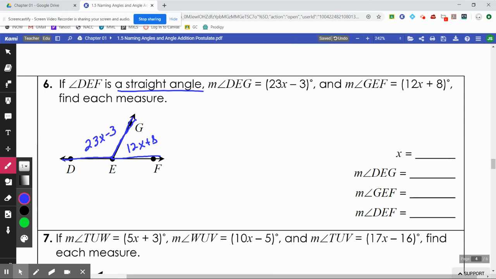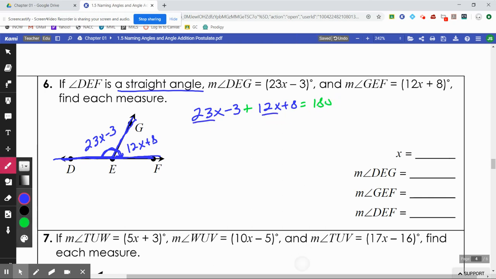But they said this is a straight angle, which means these two angles together have to be 180 degrees because you open the door, open it some more. So that means that 23x minus 3 and 12x plus 8. When you open it this much, then you open it this much more, then you opened it a total of 180 degrees.